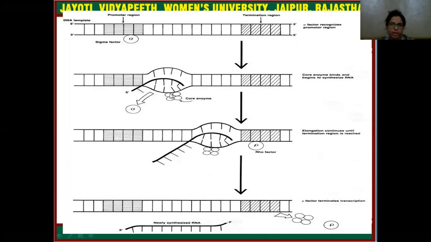These are the core enzymes, and this sigma factor is further released, and this is the RNA synthesized. When the termination region comes, rho factors recognize this termination signal, and then it helps to give the direction to the core enzyme to separate, so that the transcription process will be stopped here.